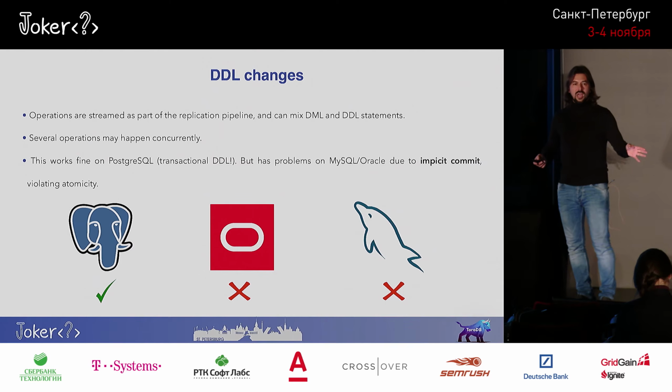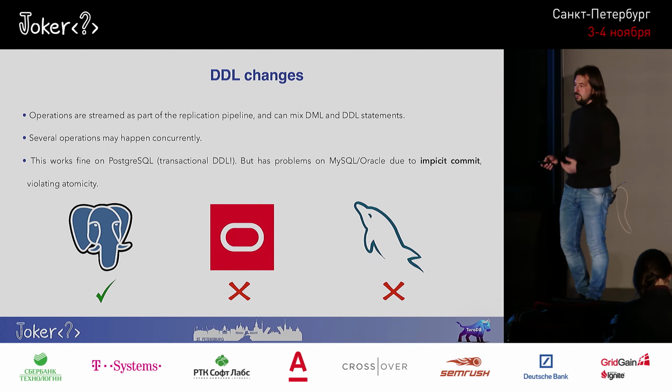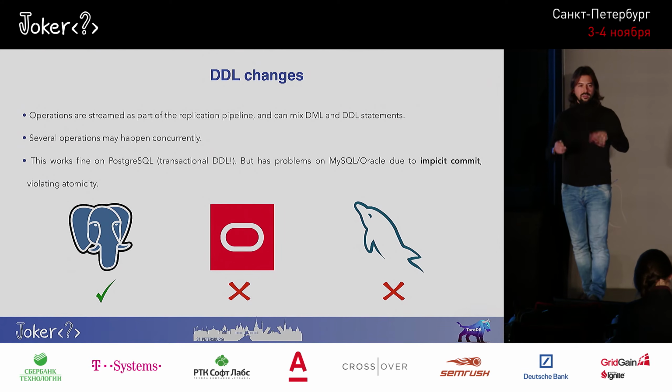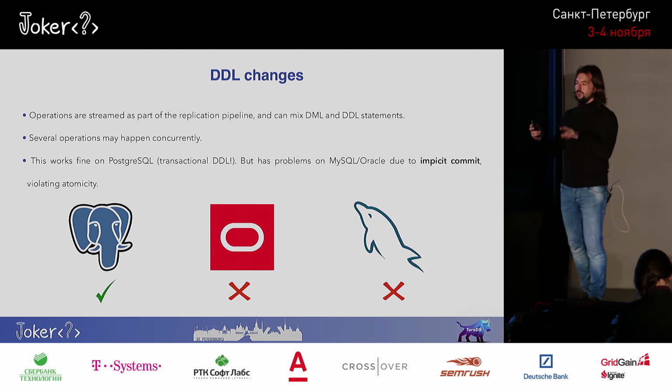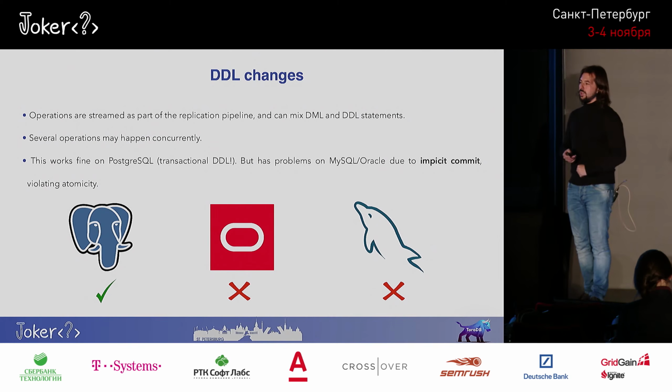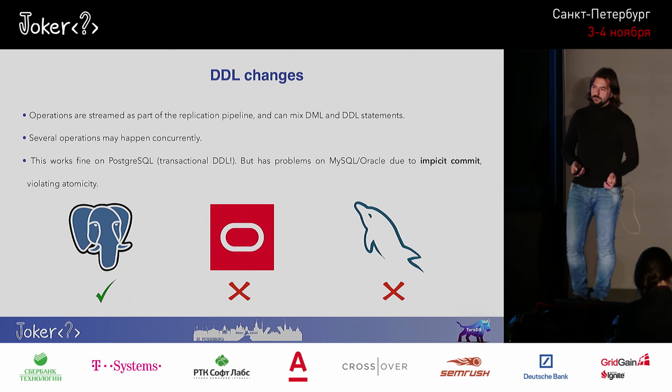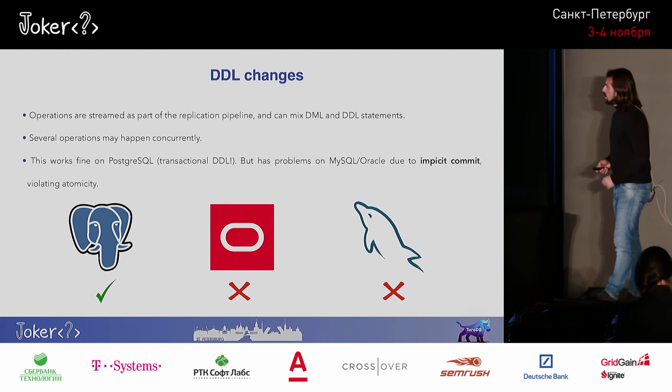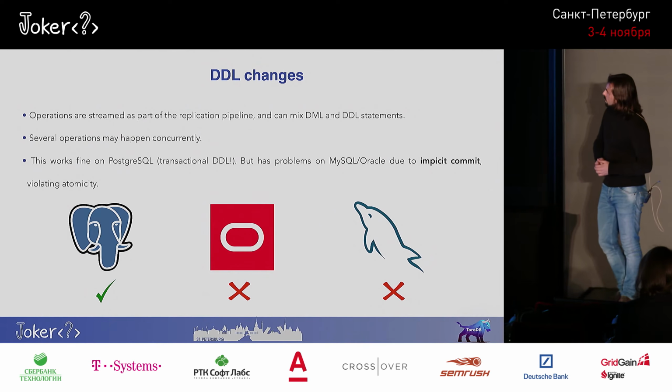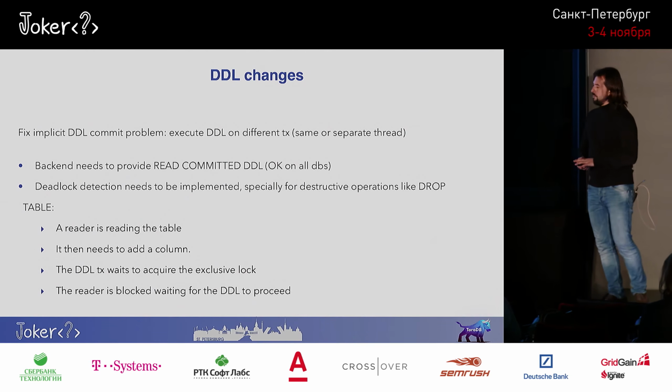It's atomic. However, you go to other databases like MySQL, and you start inserting data, and you say alter table add whatever, and the transaction automatically commits before the DDL command. So atomicity is violated. And this is a big problem. Same happens in Oracle. So what do we do with this?